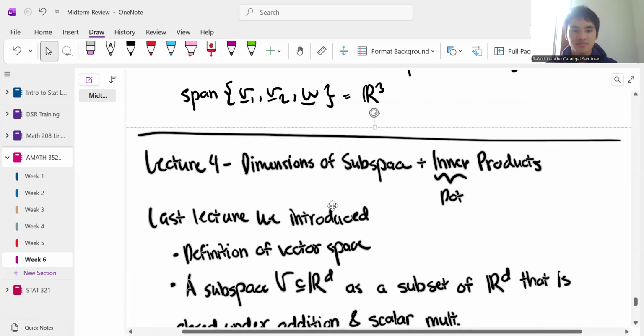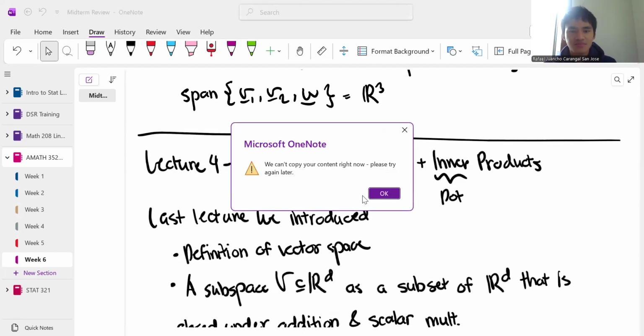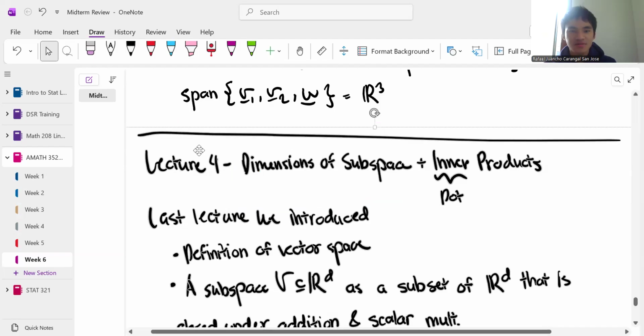So what I'm gonna do, I'm gonna cut this whole thing. It's loading. But it's not cutting. Let me make a new. Okay, this is funny. You can't copy your content right now.